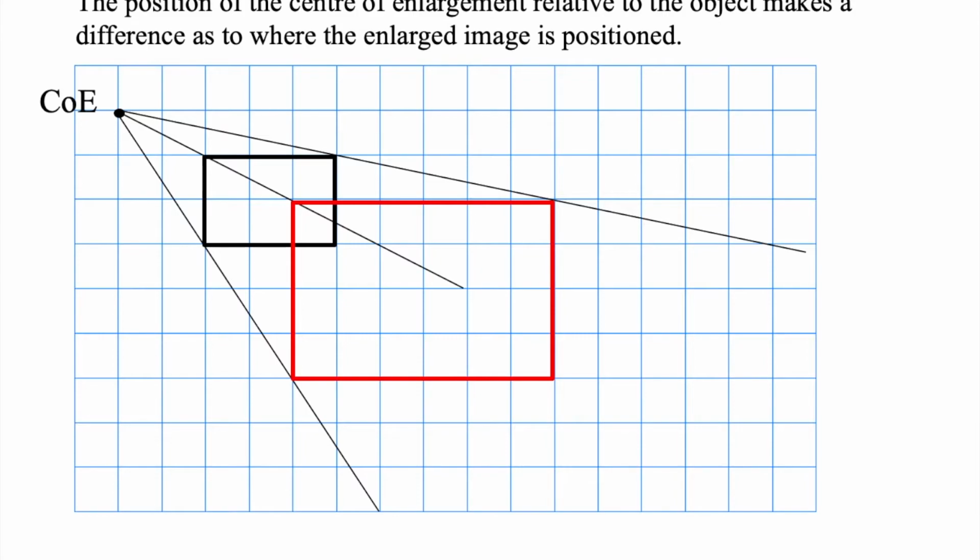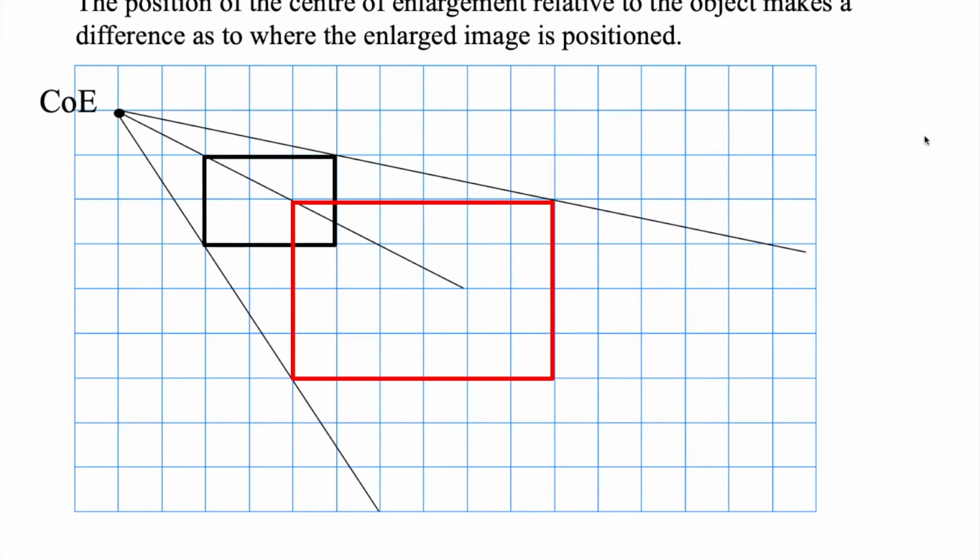The center of enlargement determines where your enlarged or scaled up image is going to be. If you look at this, when the center of enlargement is there, that's where you will get your new image.